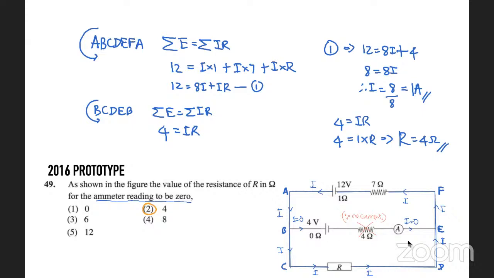It doesn't matter whether the current is flowing through this or not. When you say loop, it doesn't mean the current should complete the loop. It's just that box we are talking about. Understood? So, don't think that the current must complete that cycle. No, it's not necessary. You just mark everything, and when I say a loop, you just take a box and then you just apply the law.